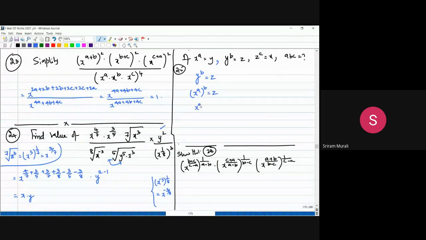It is x power ab is equal to z. What is x again? Z power c, the whole power ab, which is equal to z. It is z power abc is equal to z power 1. When the bases are equal, equate the power: abc is equal to 1. Have you understood? Yes, sir.